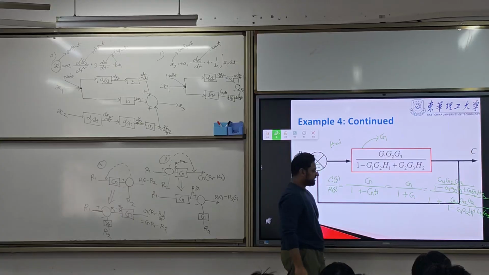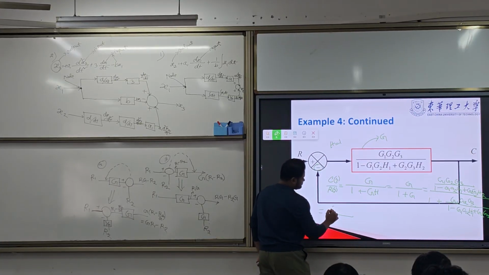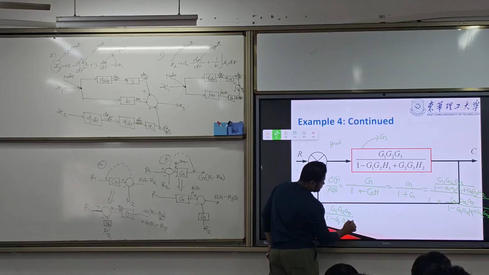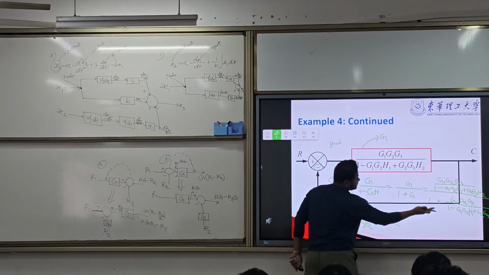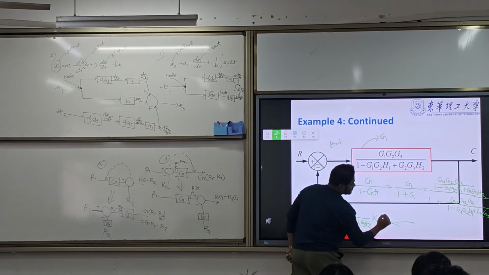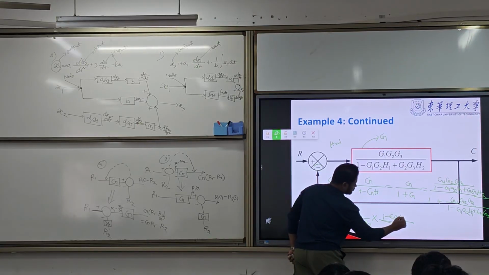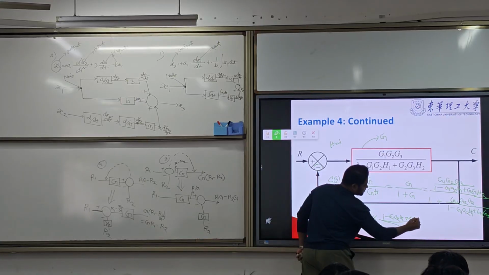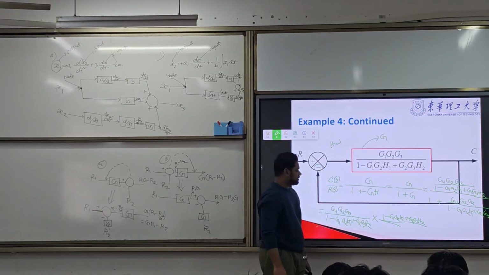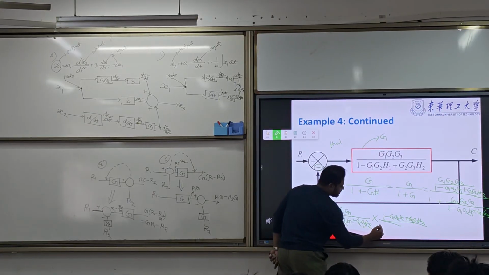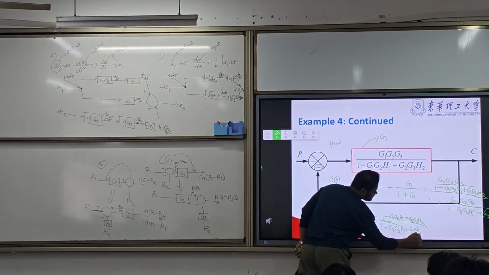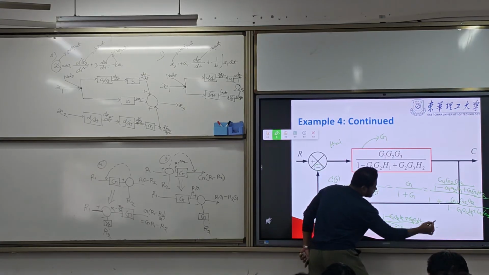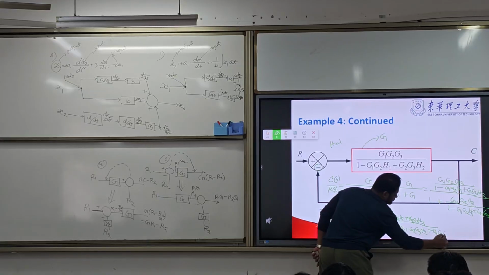Okay, now solve that again here. 1 minus G1 G2 H1 plus G2 G3 H2 into, the denominator will go up, so 1 minus G1 G2 H1 plus G2 G3 H2, and this one will come here, so we will have 1 minus G1 G2 H1 plus G2 G3 H2 plus this G1 G2 G3.